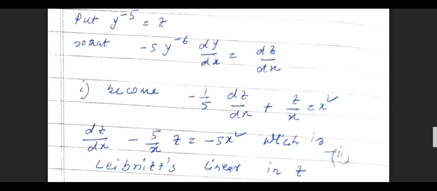Then dz by dx plus z by x log z equal to z by x, log z whole square. This is one problem. Okay. Any steps I need to explain? This problem, the current one.